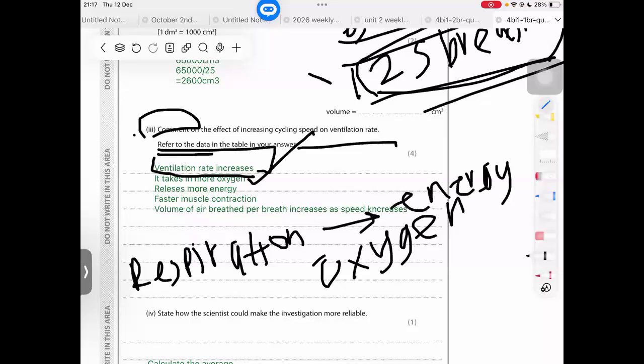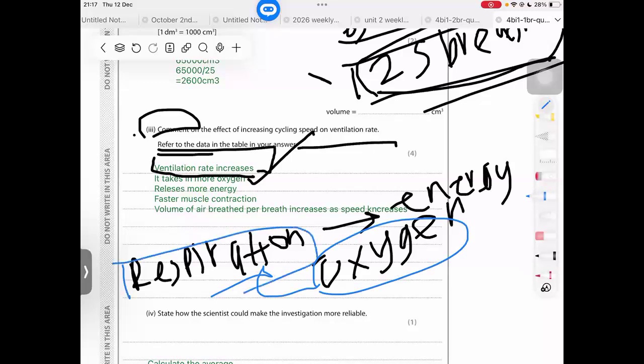Aerobic respiration requires oxygen. Therefore, when we take in more oxygen, what happens? Our respiration rate will also increase. As a result, it will release more energy, right?